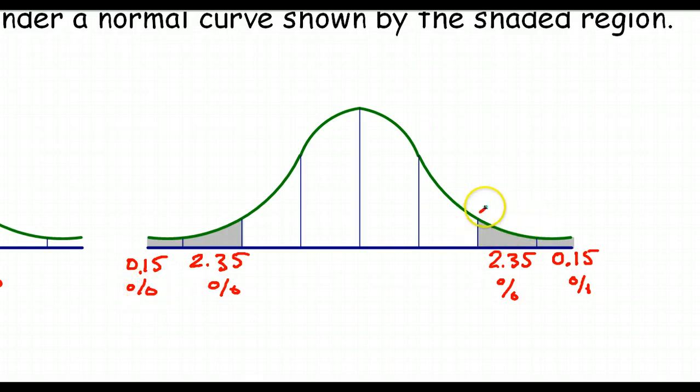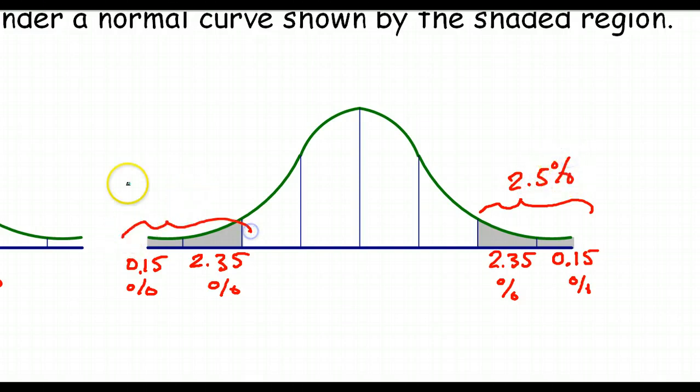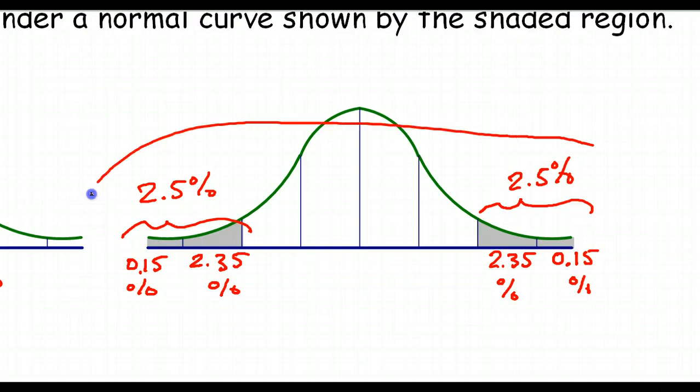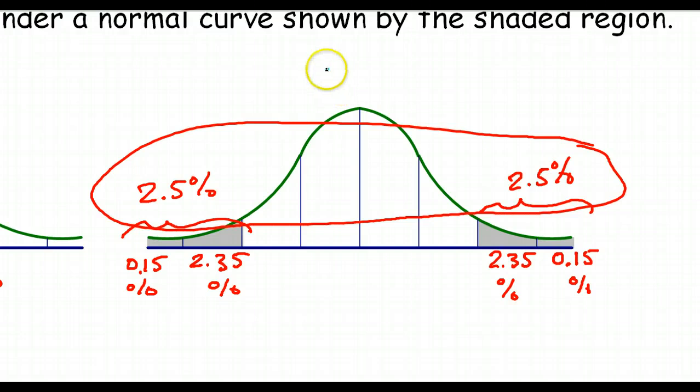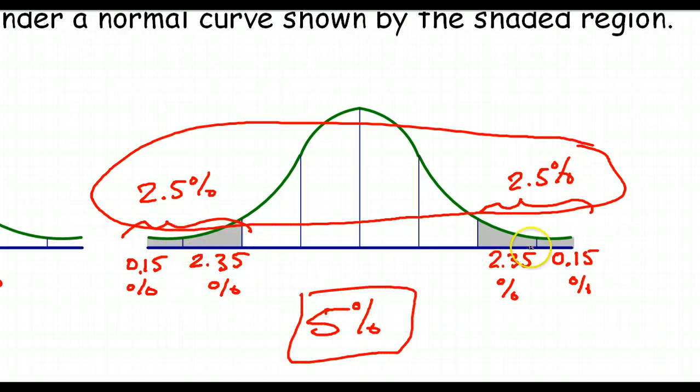Anytime you add these two together, 2.35 plus 0.15, you end up with 2.5%. Same thing over here. So if I add these 2.5% together, I'm going to get a grand total of 5%. So that would be the shaded area in this case, 5%.